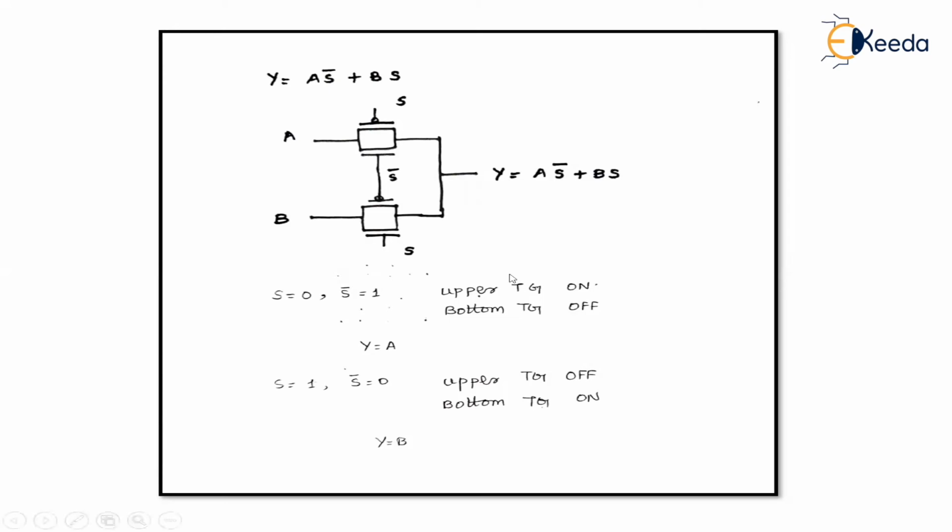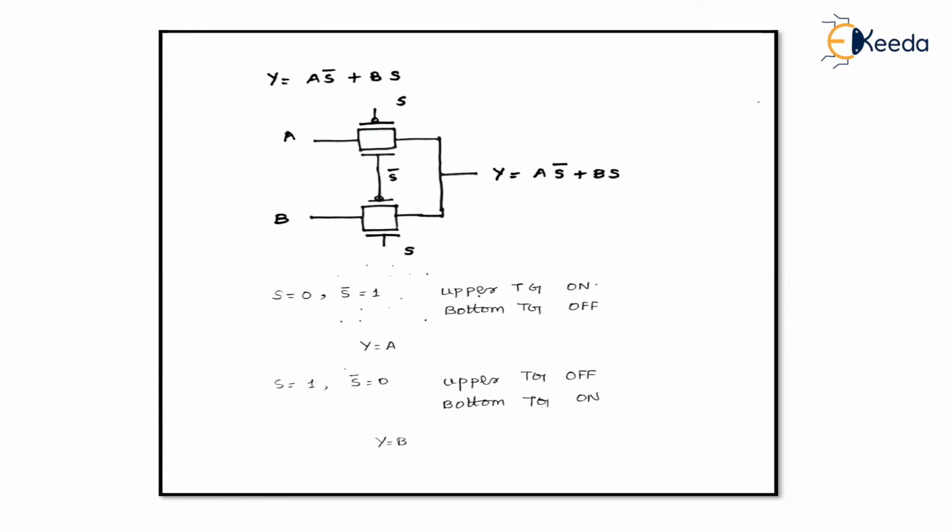So the upper transmission gate is going to turn on, whereas S bar is equal to 1. 1 is going to turn off your PMOS and S is equal to 0. So this 0 is going to turn off your NMOS. So what is going to happen? The bottom transmission gate is in an off state, whereas the top transmission gate is in an on state, right? So that will transmit what data? Y is equal to A.